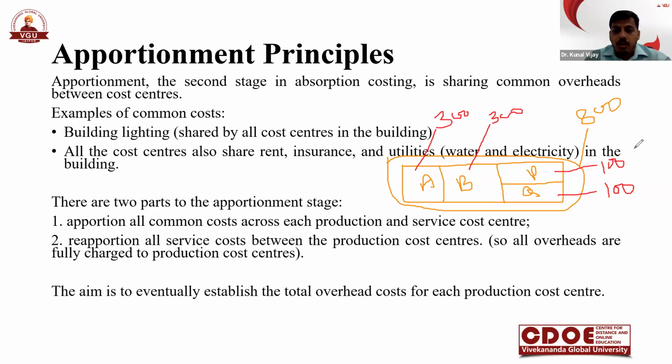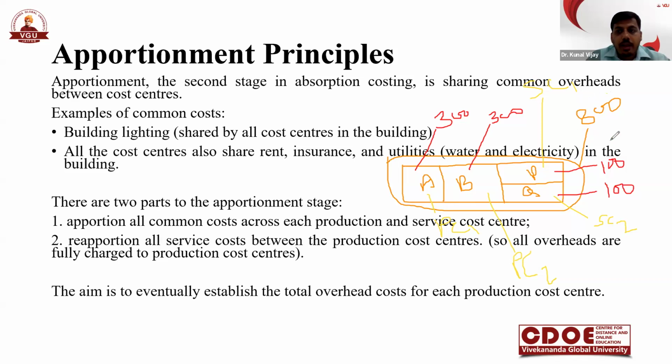So now you have allocated the amount to the different centers: production cost center 1, production cost center 2, service cost center 1, and service cost center 2.